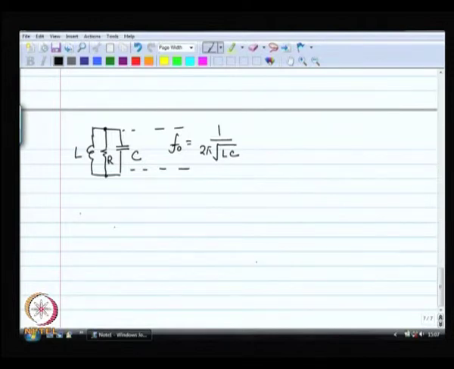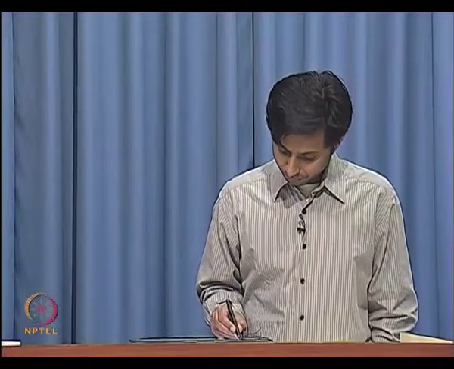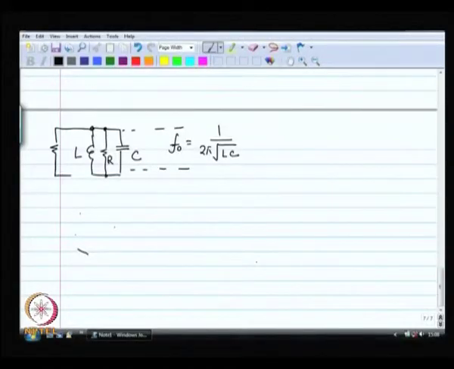Okay. So, what can you do over here? So, one thought is that let me invent a new component which is a negative R, and a negative R in shunt with a positive R is as if you have got an infinitely large resistance in shunt.